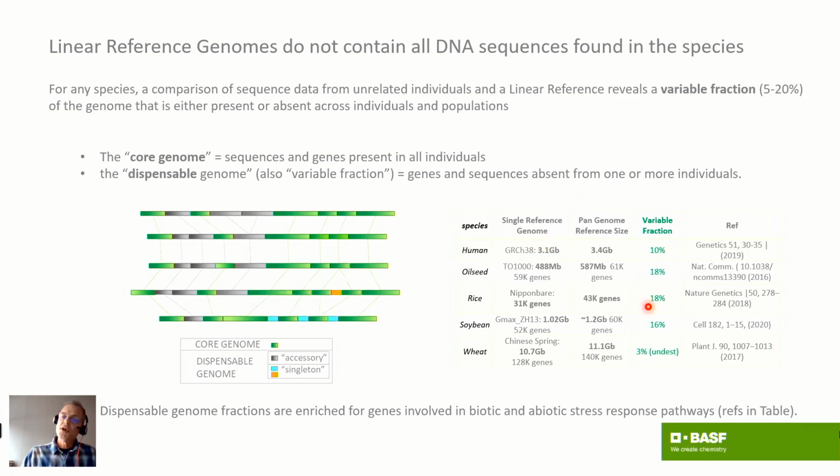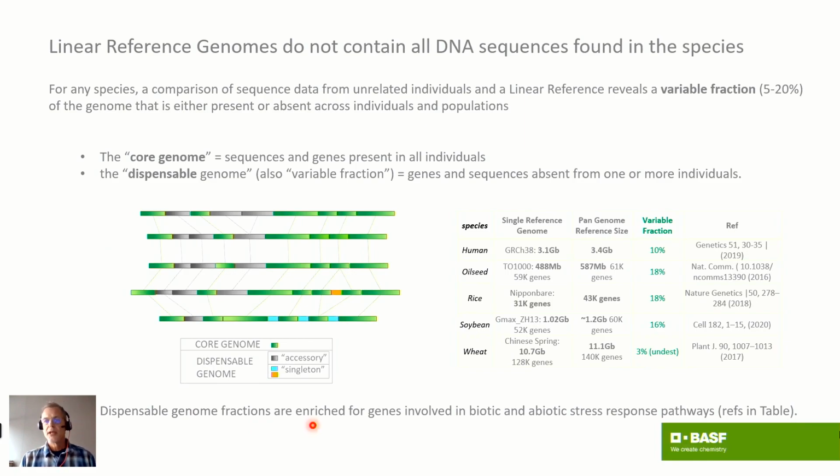This table shows a summary from recent studies across a number of species. This is really a universal aspect of biology. The variable fraction in different species can vary depending on the study and how they did it, but again, it's typically quite significant. The most exciting thing for us in predictive breeding about this variable fraction is the content.